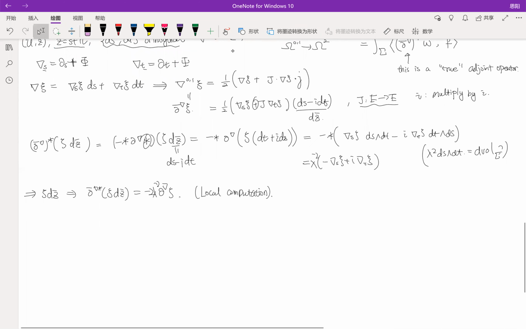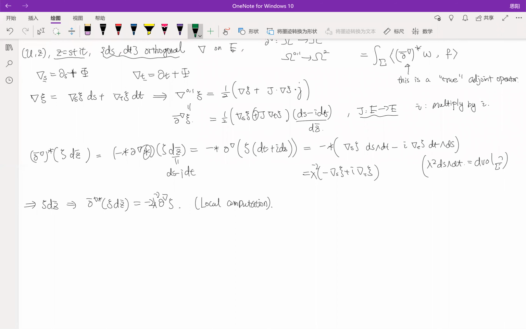Okay, so finally we can move into the definition of the real Cauchy-Riemann operator, real linear and non-smooth.